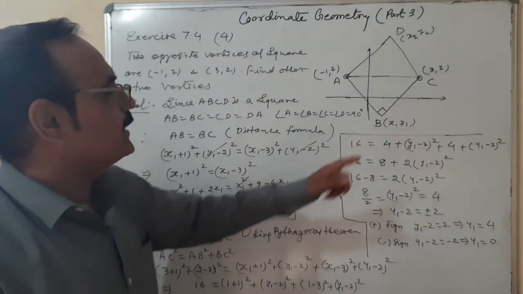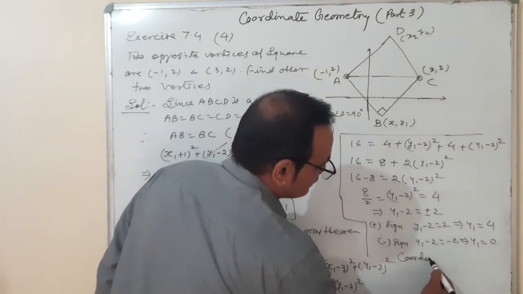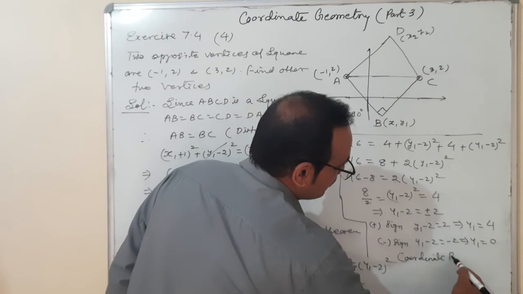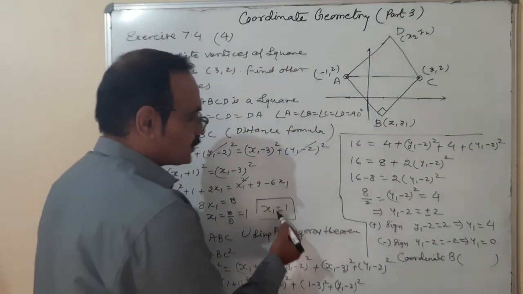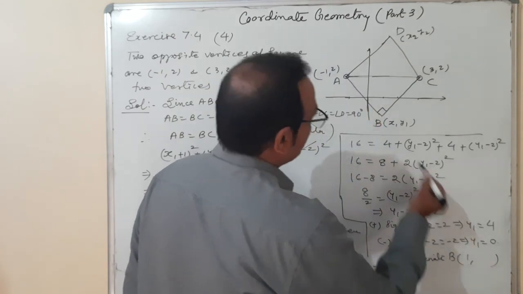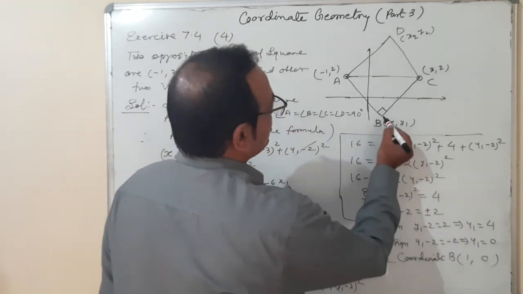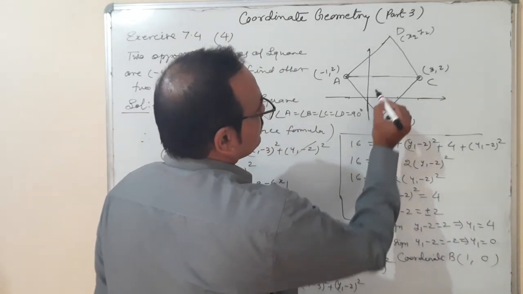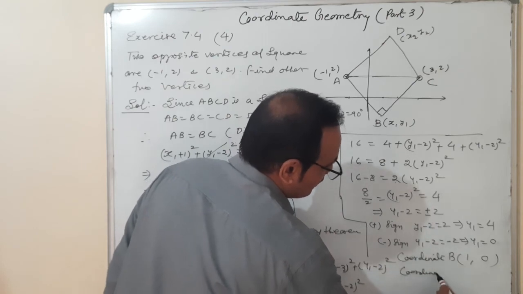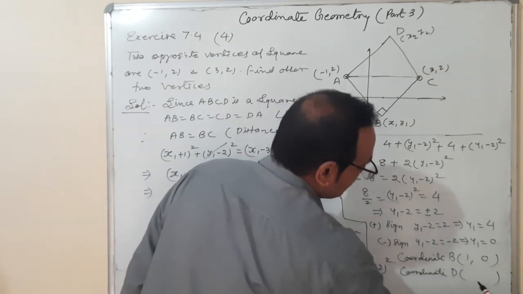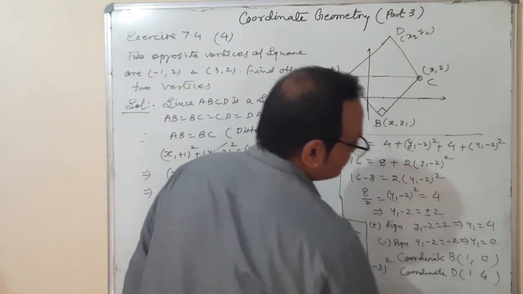So the other two coordinates are: coordinate B is (x1, y1), x1 is 1 and y1 is 0, so this point is coming here. And second, coordinate D, x1 is 1 and y1 is 4.